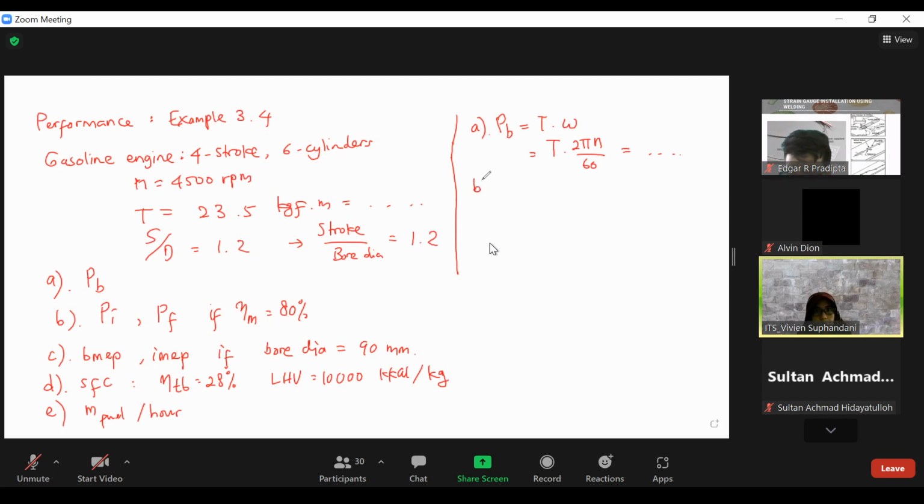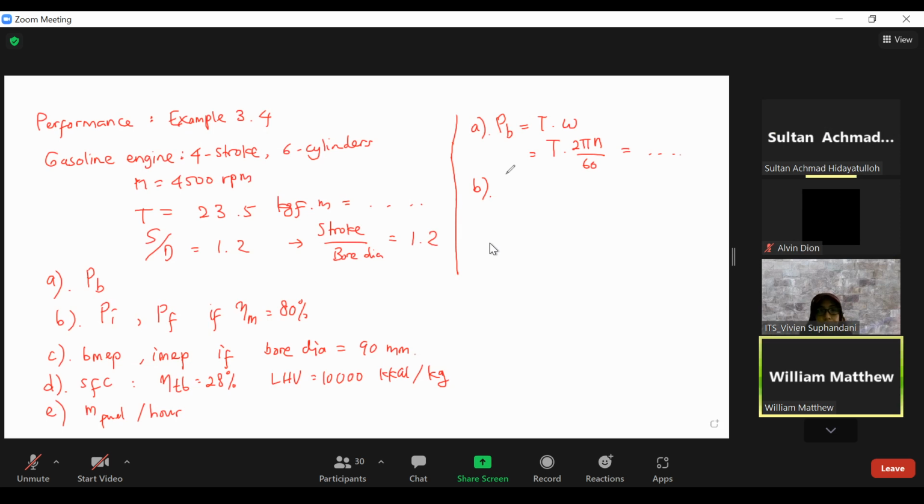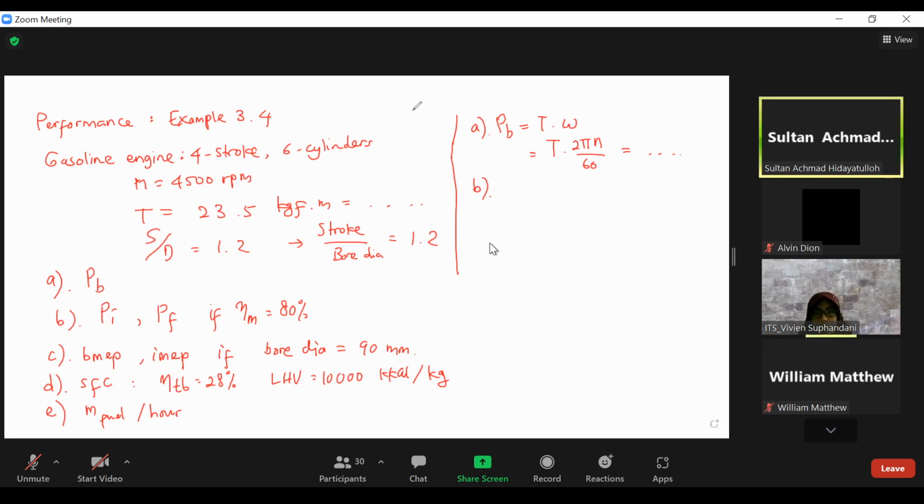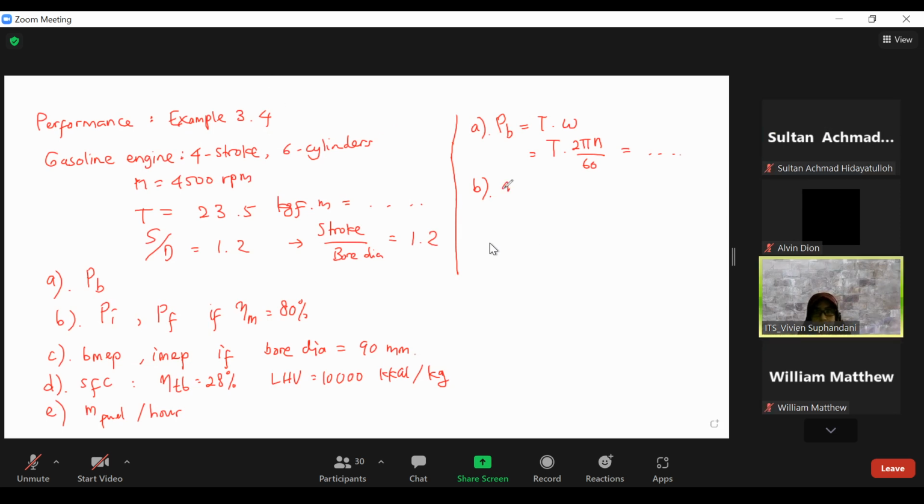Now question B is to find the indicated power. How to find the indicated power? Using efficiency. We know that the mechanical efficiency is PB over PI.